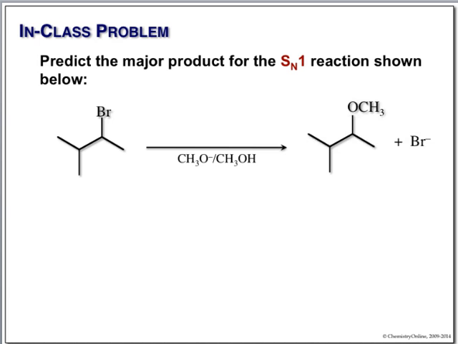What happens here is, remember, we're going to form this carbocation intermediate. Addition does not occur here. In fact, addition occurs at the tertiary center. So this is what we would predict if we just ripped off the bromine and stuck it on.